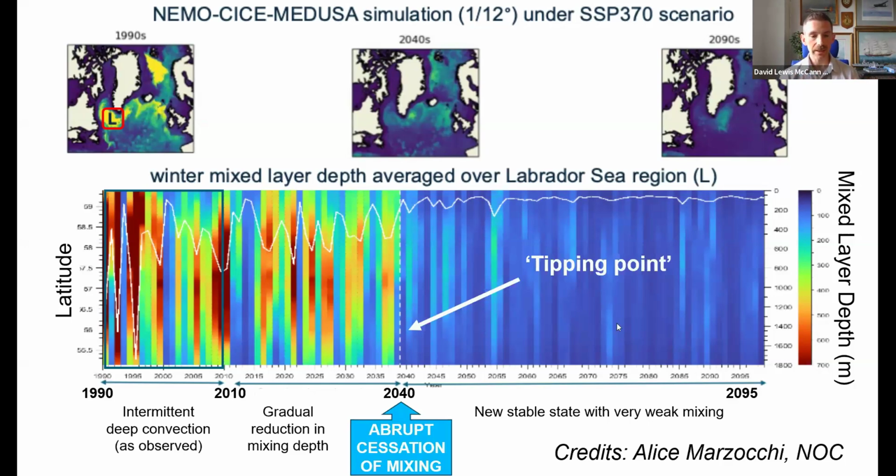And what it's predicting is the intermittent deep convection as we observe in the current era, leading to a gradual reduction in mixed layer depth, but then an abrupt cessation of mixing around 2040, a so-called tipping point. Then after that, we have a new stable state with very weak mixing, a new state with a lack of dynamics. So this is the kind of tipping point that ARIA are interested in looking at.